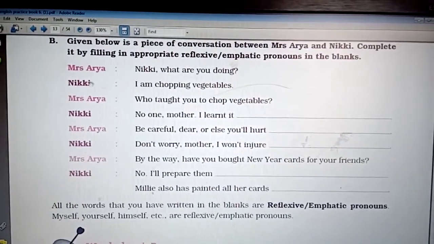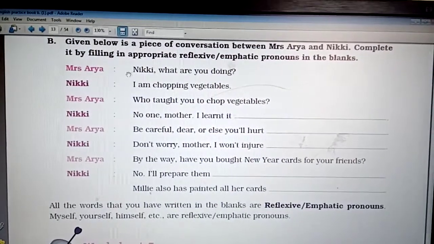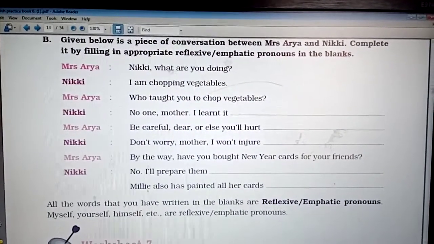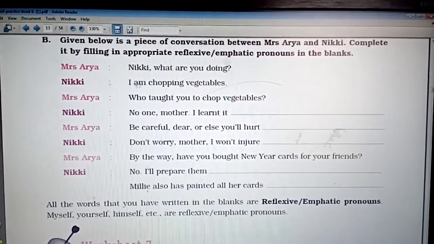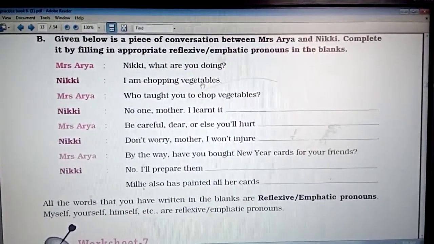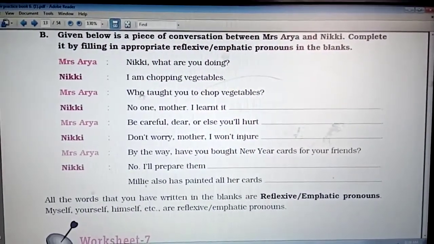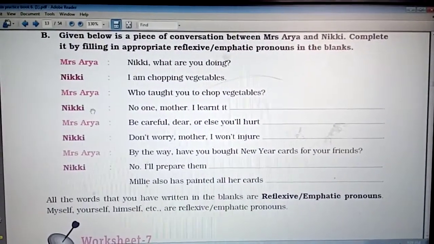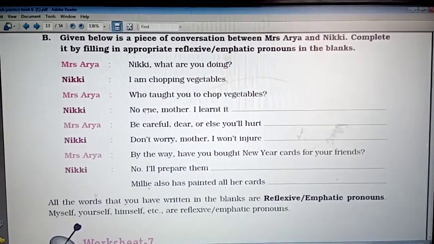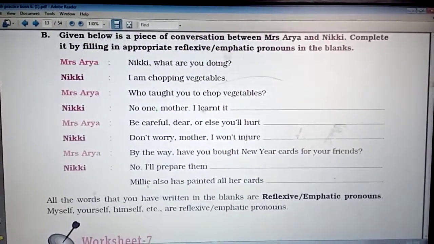The conversation is between Mrs. Arya and Nicky. Mrs. Arya says, Nicky, what are you doing? Nicky said, I am chopping vegetables. Once again, Mrs. Arya: who taught you to chop vegetables? What is the reply of Nicky? No one. Mother. I learnt it.